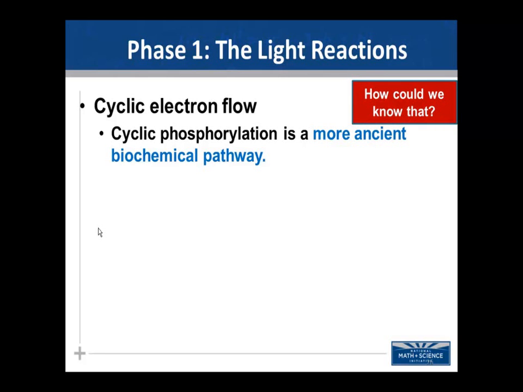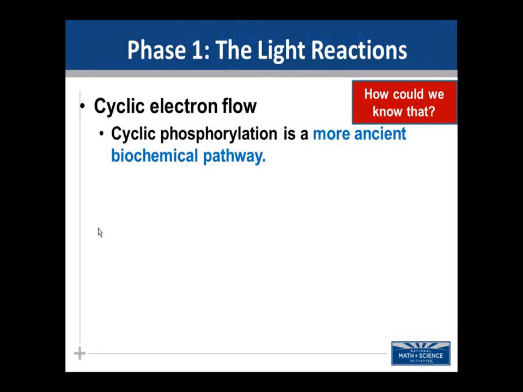To give you an analogy, the first vehicle that was built didn't have GPS navigation. If you put a 2013 version of a car next to a 1920 version of a car, you'd probably be able to tell the difference in terms of the advances. And so cyclic phosphorylation is a simpler kind of mechanism of photosynthesis.